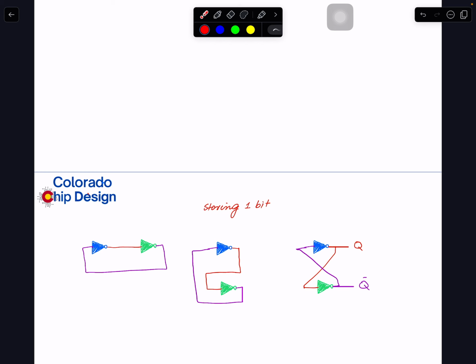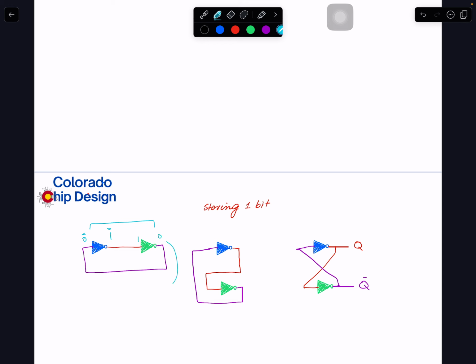You probably have seen this one in case you have done these types of courses, but if you haven't, this is interesting. We already talked about the inverter, right? The job of an inverter is when input is 0, it makes output 1. But when we put two inverters together in series, here is what happens. When 0 goes in, the output is 1, the next one takes that 1 and flips it to 0.